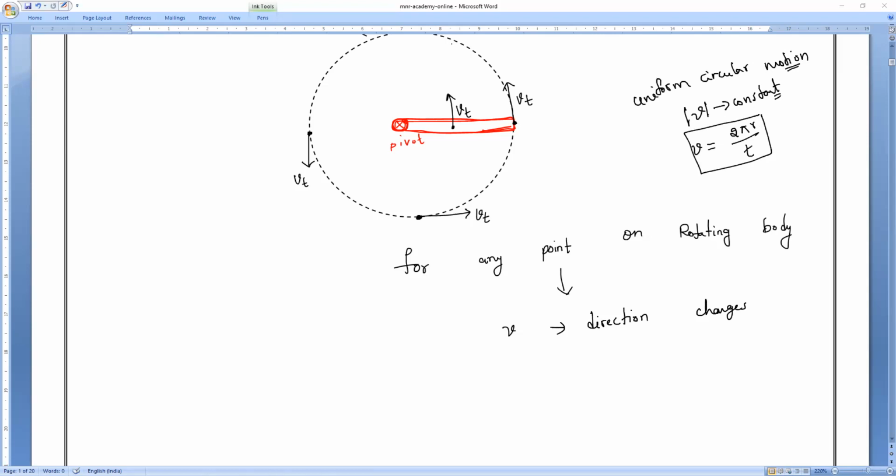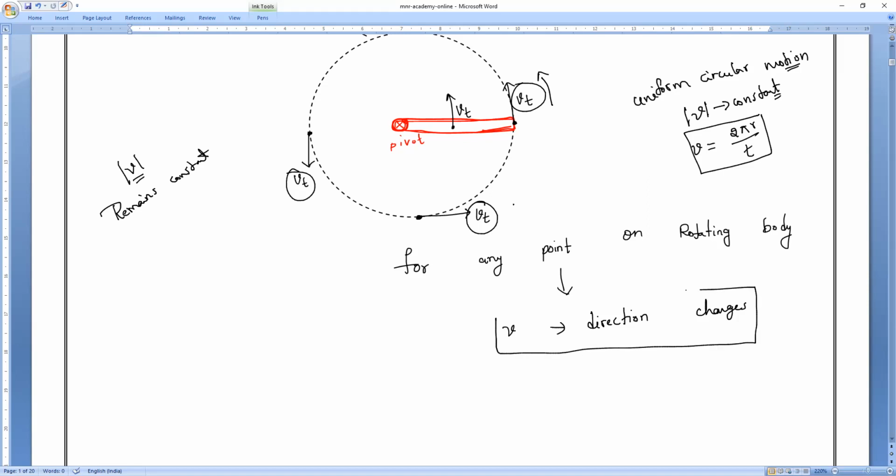But now you can see, this velocity, this velocity, this velocity, everything: the magnitude of velocity remains constant, so the velocity is not constant, because something keeps on changing. What keeps on changing? Direction.